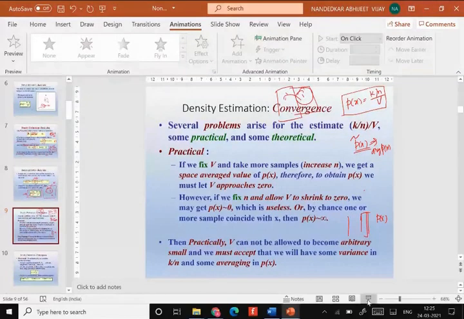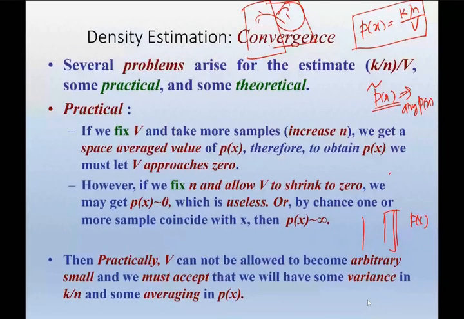So if we fix this volume, there will be some averaging effect in the estimation of this probability density p of x.